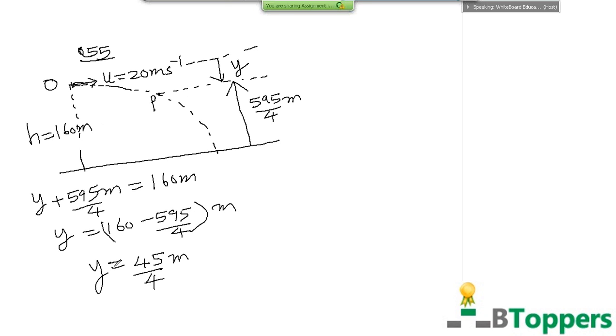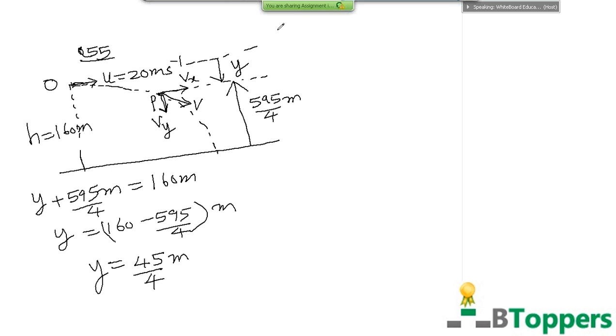To find the magnitude of velocity at the point P in its path, you have to know the magnitudes of the horizontal and vertical components of velocity at P. Vx is the horizontal component of velocity and Vy is the vertical component of velocity at P. In the case of horizontal projection, the horizontal component of velocity at any point P in its path is the same as the initial velocity of projection, which is equal to 20 meters per second.